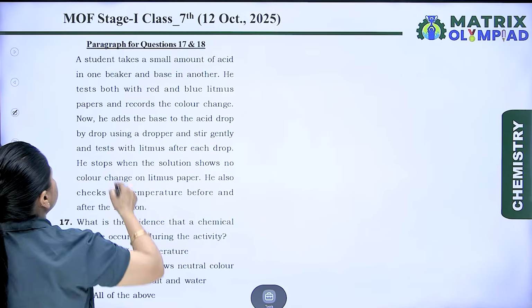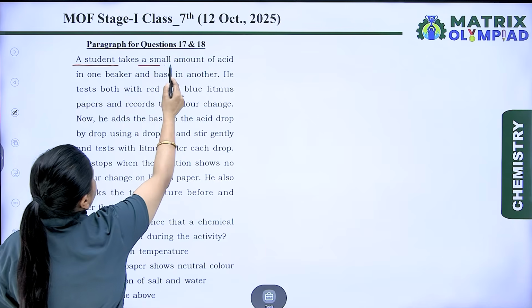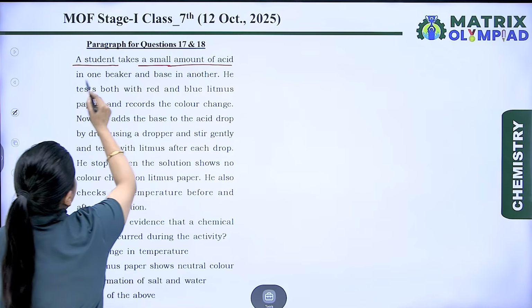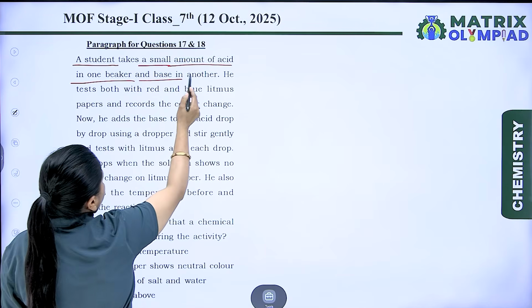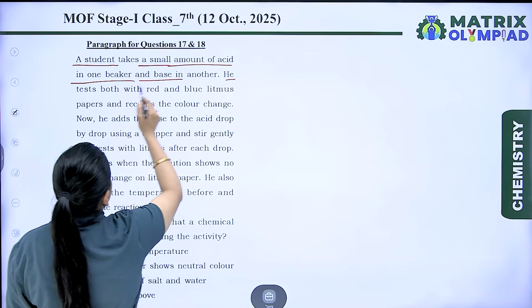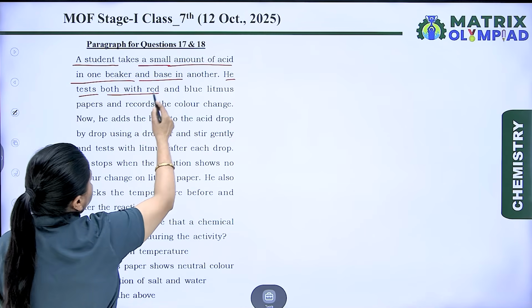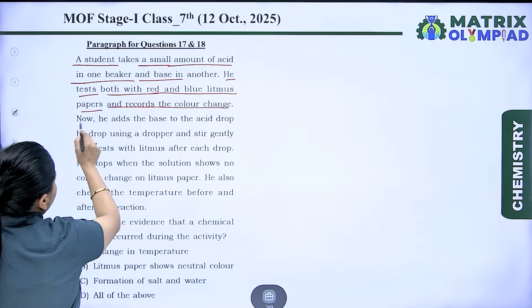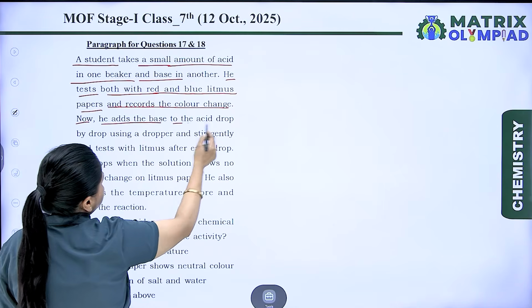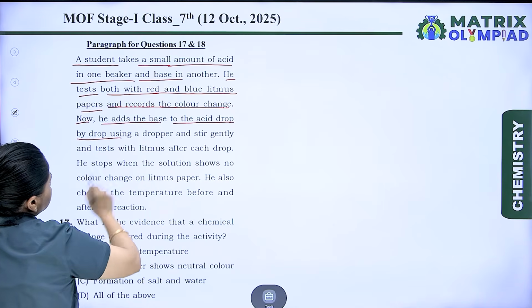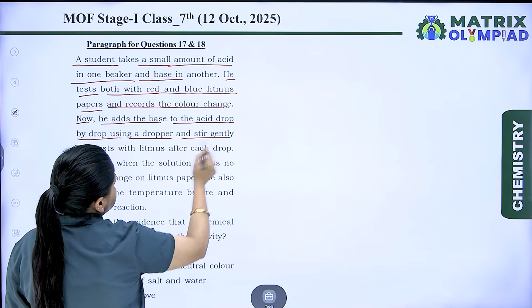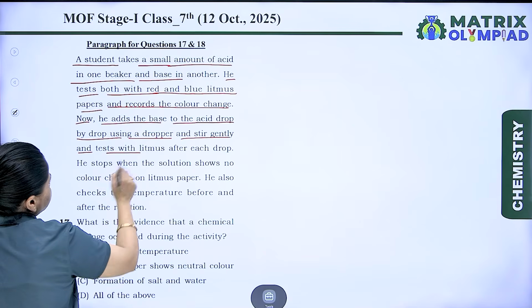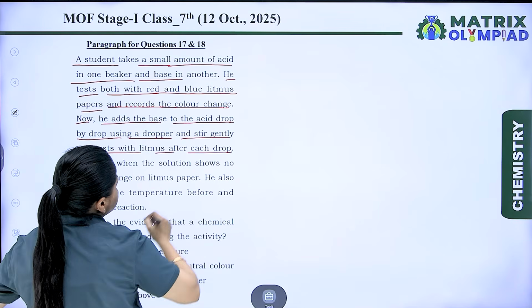This is paragraph based. A student takes a small amount of acid in one beaker and base in another. He tests both with red and blue litmus paper and records the color change. Now, he adds the base to the acid drop by drop using a dropper, stirs gently and tests with the litmus after each drop.